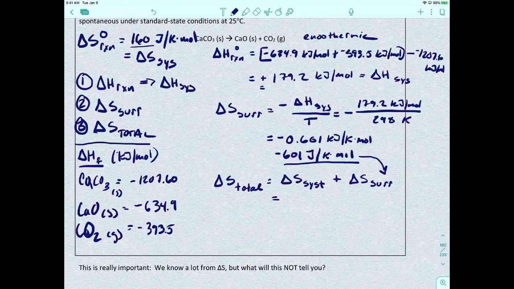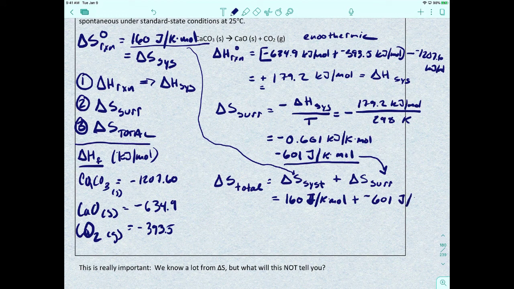The change in entropy of the system was the number that we calculated in our first problem, where the entropy of that reaction was positive 160 joules per K mole, plus the change in entropy of the surroundings, so plus a negative 601 joules per K mole.